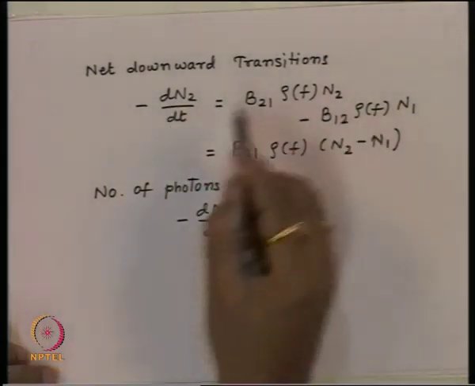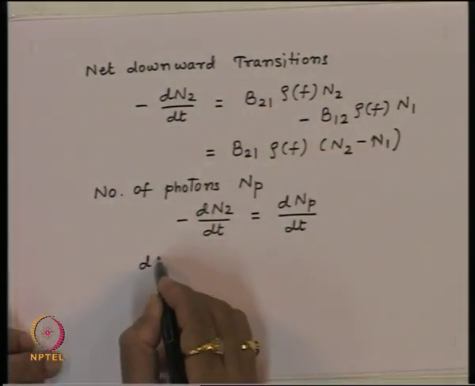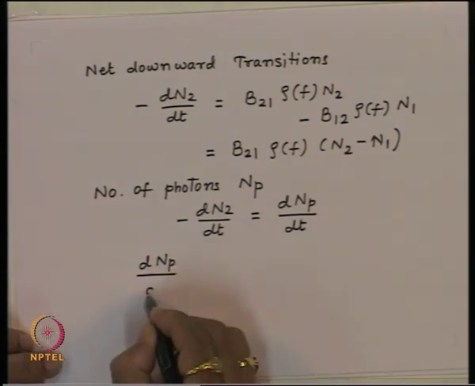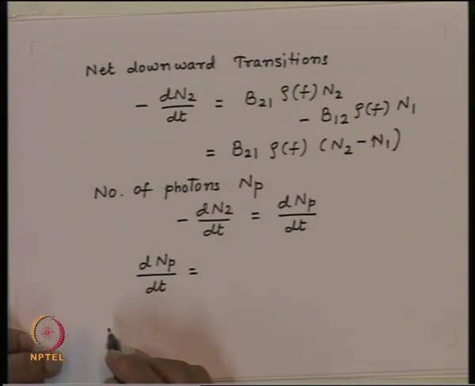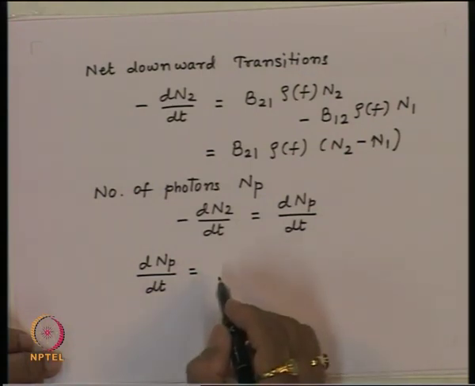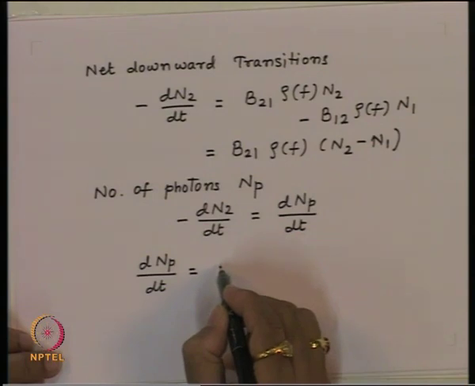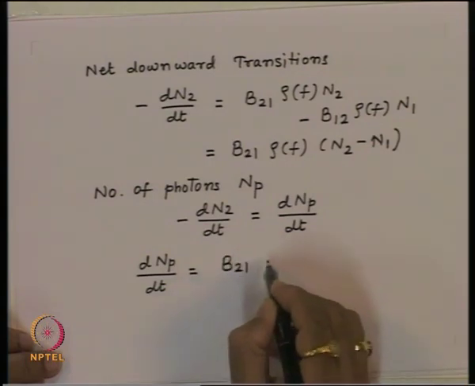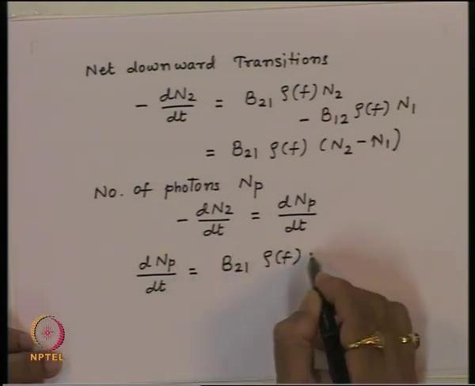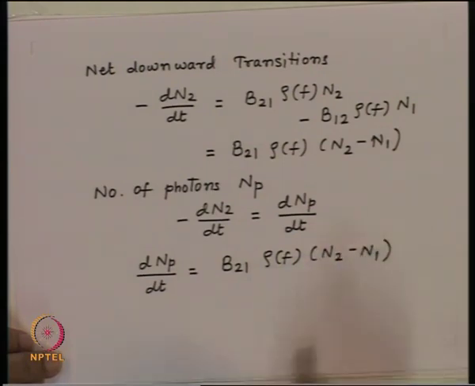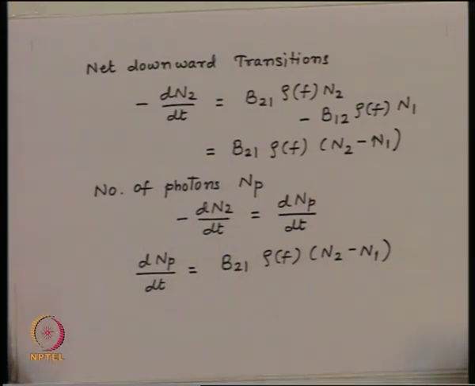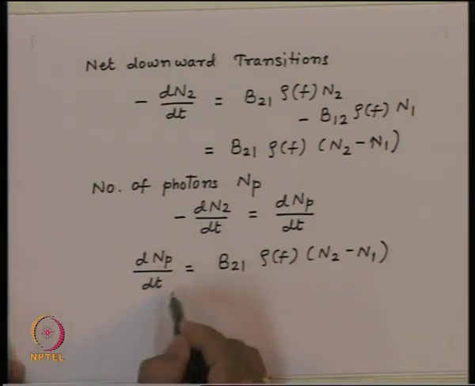So, from this equation we can get dNp by dt equal to B21 rho of f into N2 minus N1. This is the rate of photons.